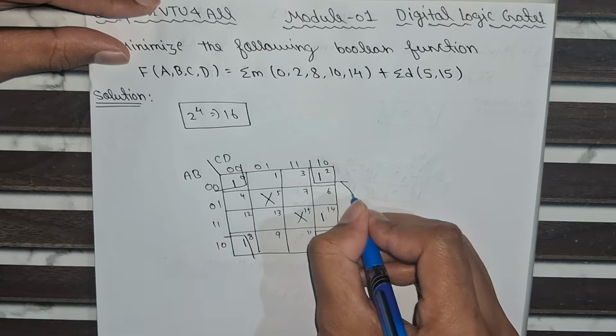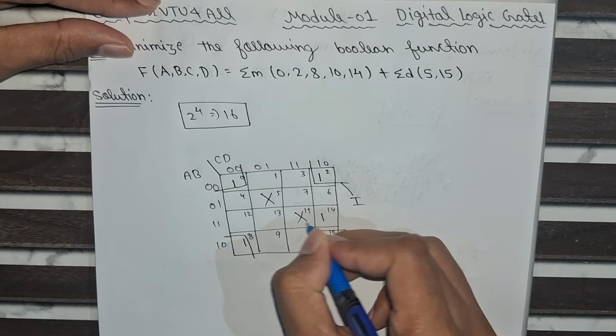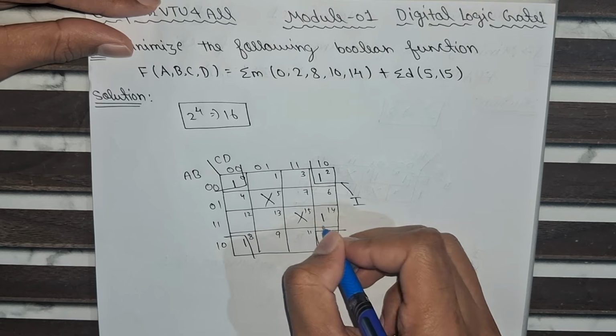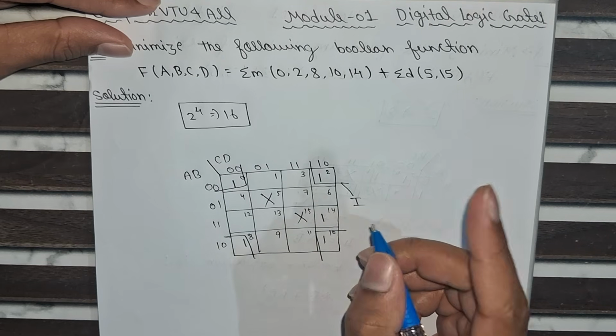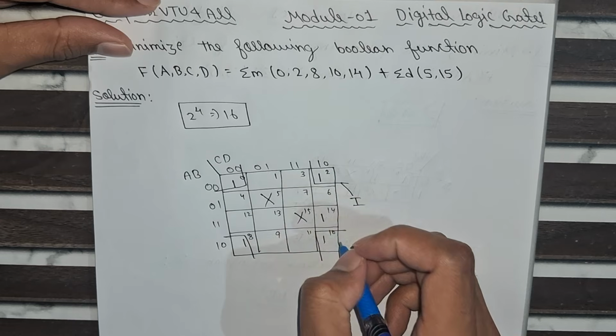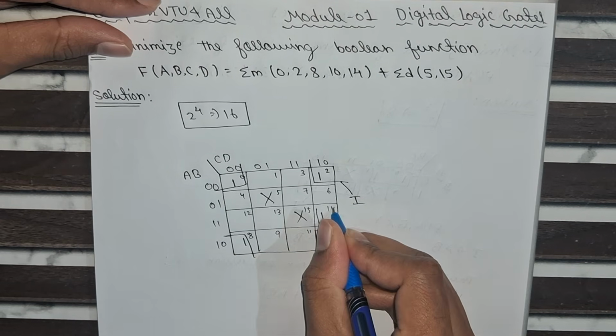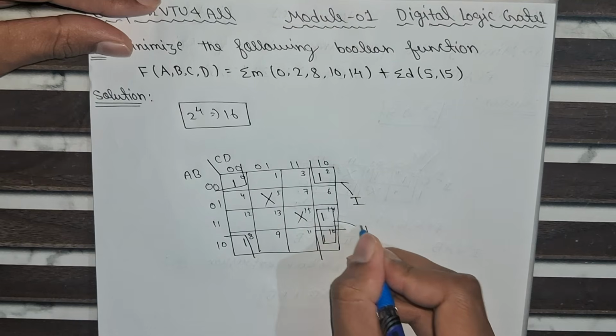So we will mark this as the first group. Then this element is left, and if I use this don't care value, it also forms only a group of 2. So we cannot do with the don't care. We can directly use this one for grouping this. So 2. So this is our second group.